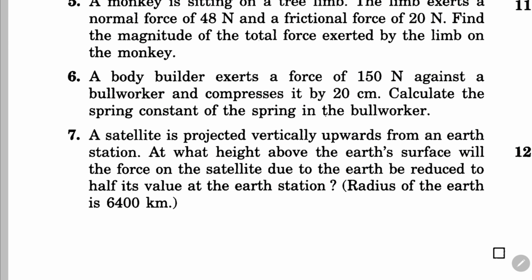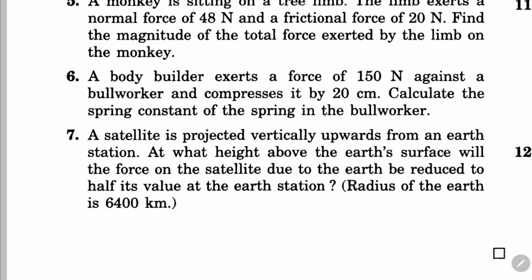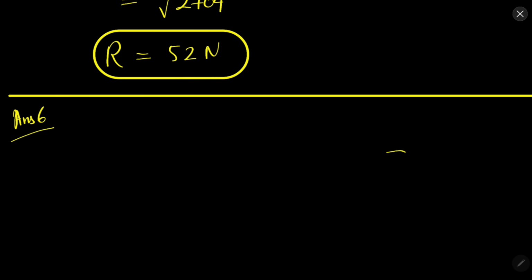Now in the next question, there is a bodybuilder who is exerting a force of 150 Newton against a spring, and it compresses it by 20 centimeters. So there is this compression. So I have to find the spring constant of the spring. So let's say the spring is like this. There is a force which is trying to compress the spring, so there will be a restoring force.